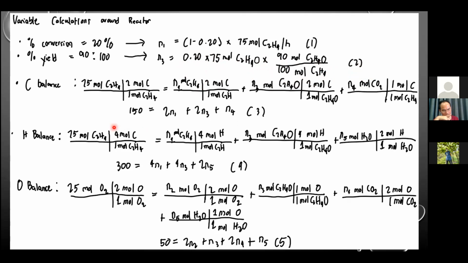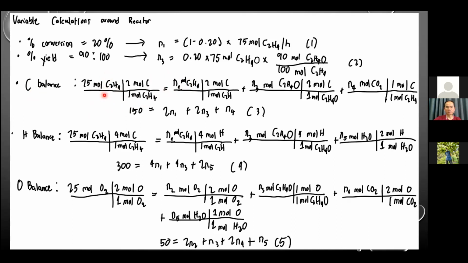And then we're going to do the atomic species balances on each element. So we have here the carbon. Where atomic species balance is input equals output, this left hand side is our input.